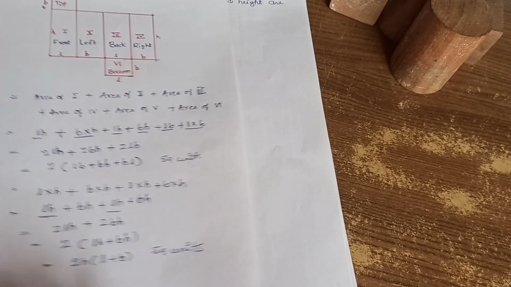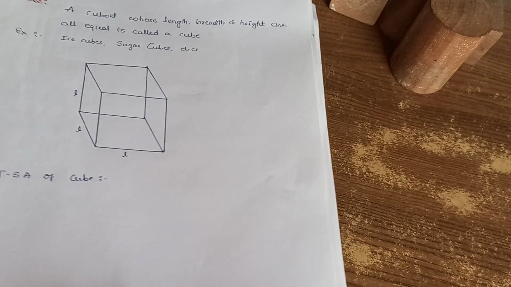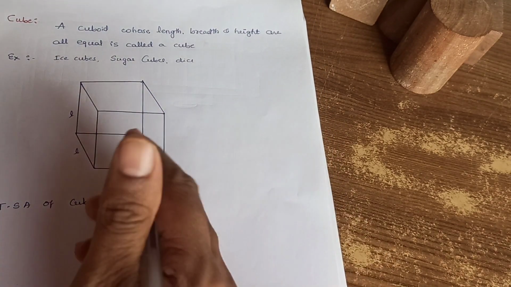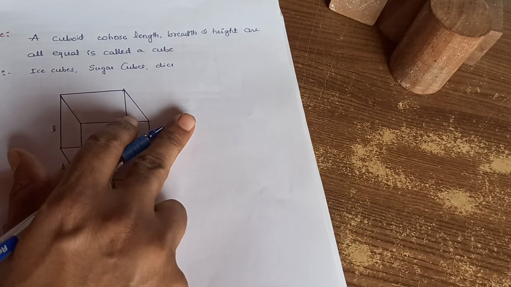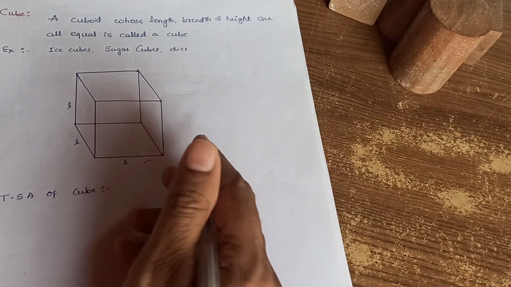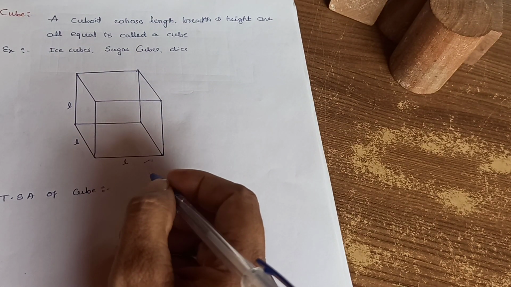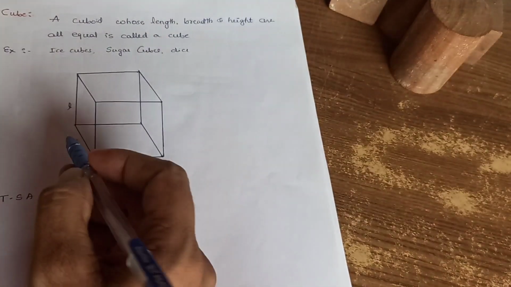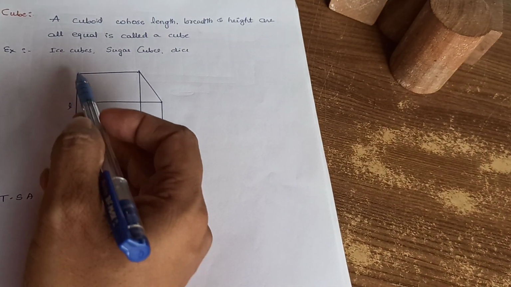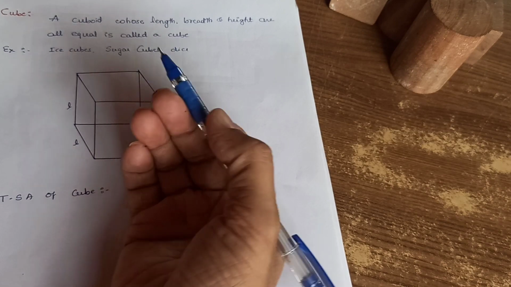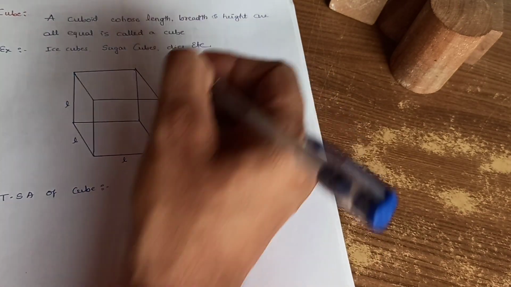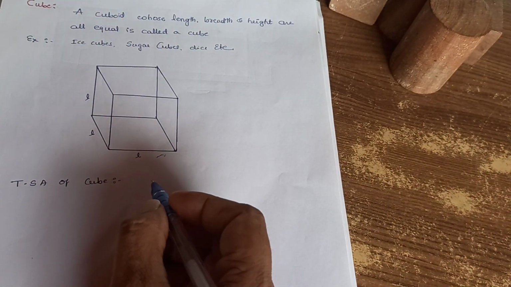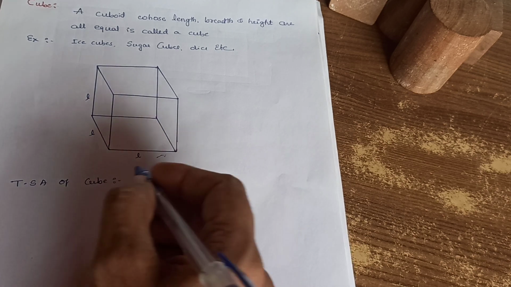Now the TSA of cube. A cuboid whose length, breadth and height are all equal is called a cube. Examples of the cube are ice cubes, sugar cubes, dice, etc. All the sides are equal.